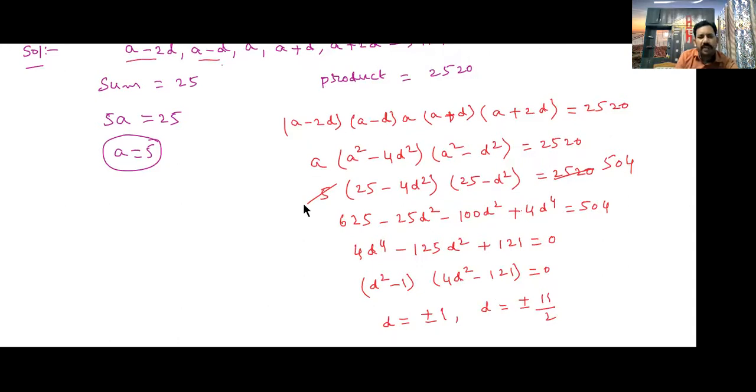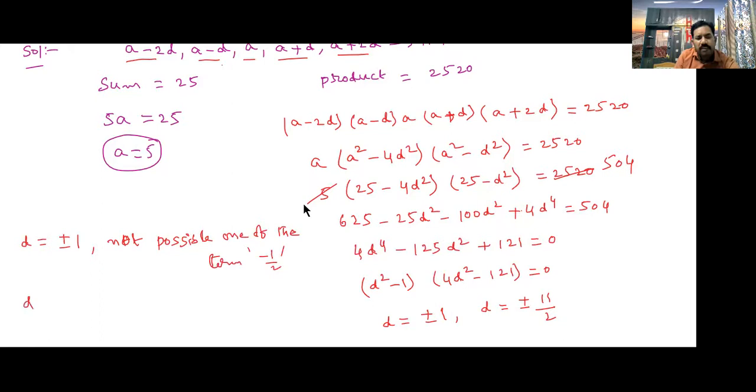Here 5 values are there, no? A minus 2d, a minus d, a, a plus d, a plus 2d. Out of these, one of the values is minus 1 by 2, as given. If d value takes plus or minus 1, not possible. One of the terms is minus 1 by 2.